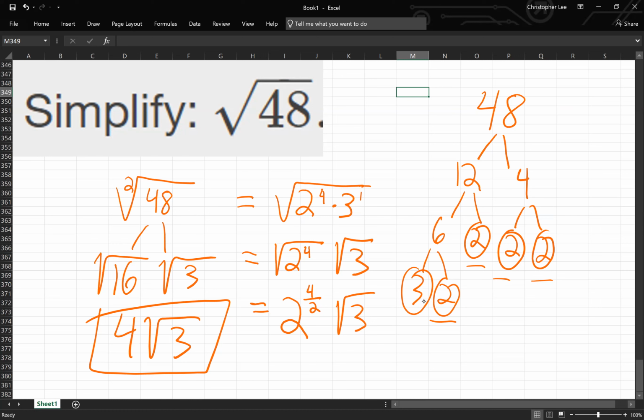So the power on the radicand is the numerator, and the index is the denominator. And 4 divided by 2, what's that? That's 2, right? And then what does that become? 4 square root 3. That's another way to do it. That one was a little bit extra.